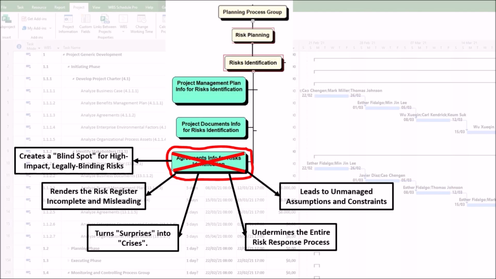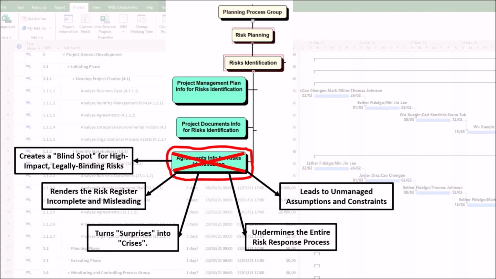5. It leads to unmanaged assumptions and constraints. Agreements are full of implicit and explicit assumptions and constraints. A poor analysis means these are not properly cataloged and treated as risks, as follows. First, unmanaged assumptions. The contract might assume a certain resource will be available from the client.